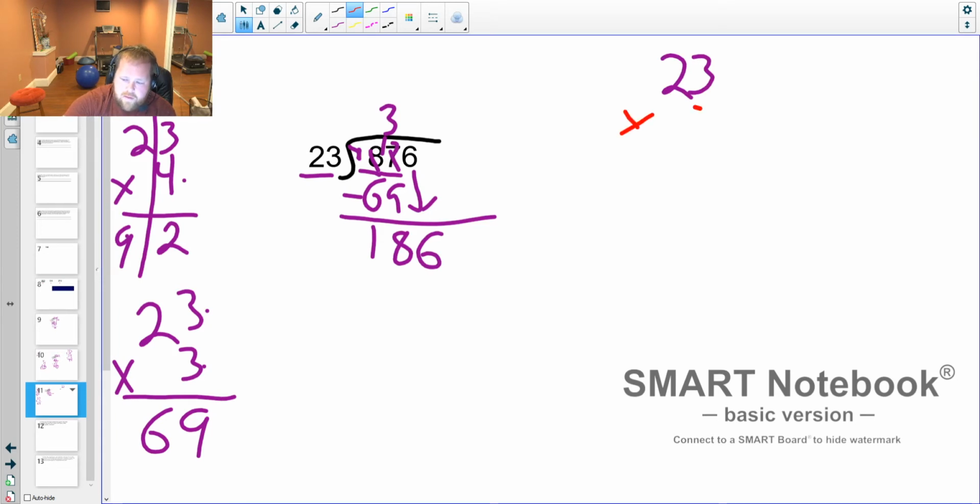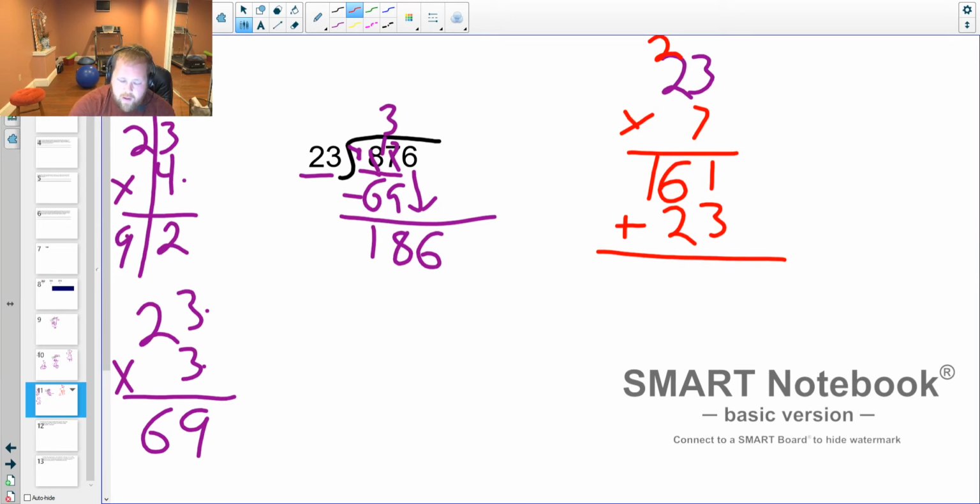Times 7 equals 7 times 3, 21. 7 times 2, 14. 14 plus 2 is 16. Now watch what I'm going to do. I'm going to just add 23, see if we get close to 186.